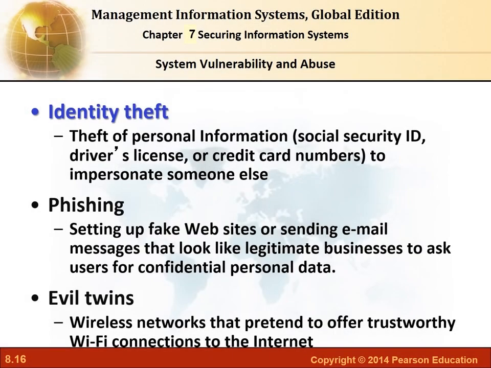Identity theft occurs when someone uses another's personally identifying information like their name, identifying number, or credit card number without their permission to commit fraud or other crimes, while phishing is the attempt to obtain sensitive information such as usernames, passwords, and credit card details, often for malicious reasons, by disguising as a trustworthy entity in an electronic communication.